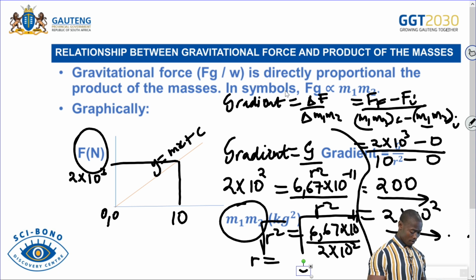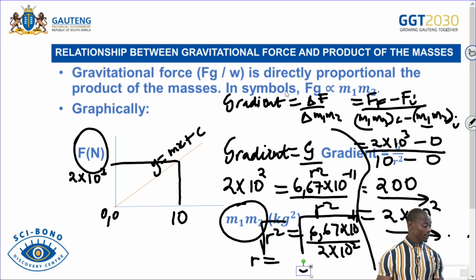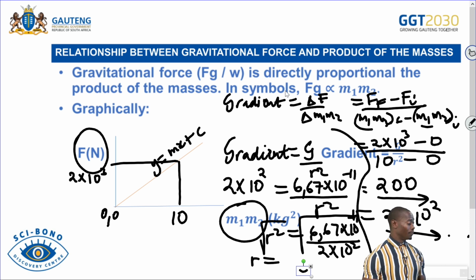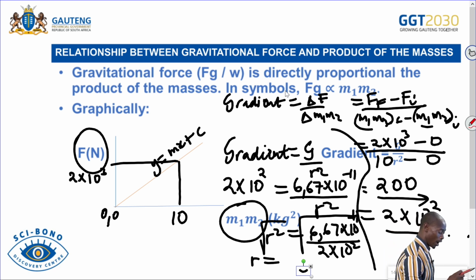So I'm dividing that by 200. All right, so here I will get my answer in meters. So what is important here, learners?